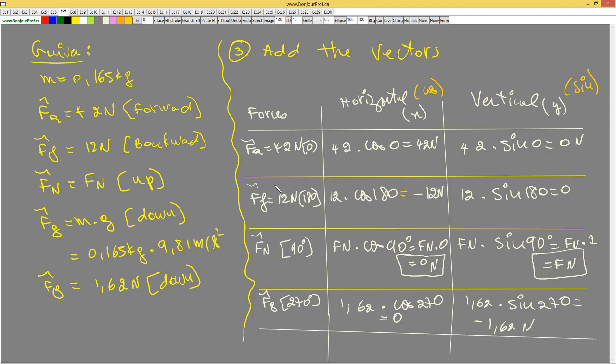Okay, you understand? Now we have to do the total, the force net. What is the force net? It is the total. So we're going to find the force net and put the total here. If I put 42 minus 12 plus 0 plus 0, it will give me 42 minus 12, which is 30 newtons.